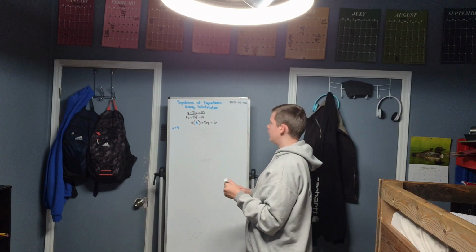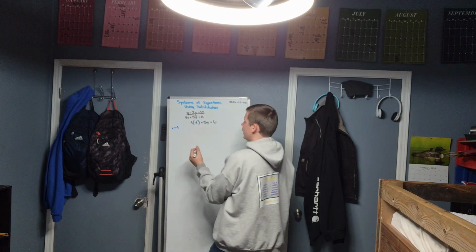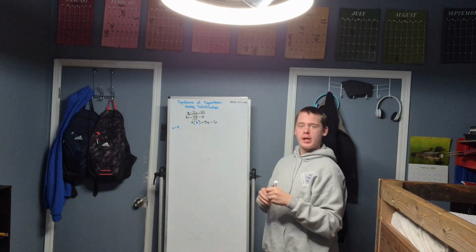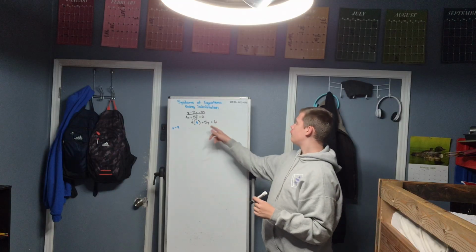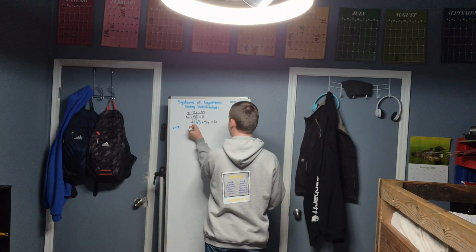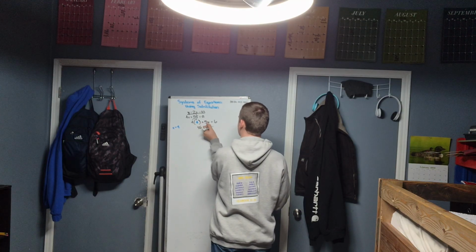So, I don't know why it's plus 5y. Okay. So, we have one thing to distribute. So, 4 times 4 is 16. So, 16 plus 5y equals 6.